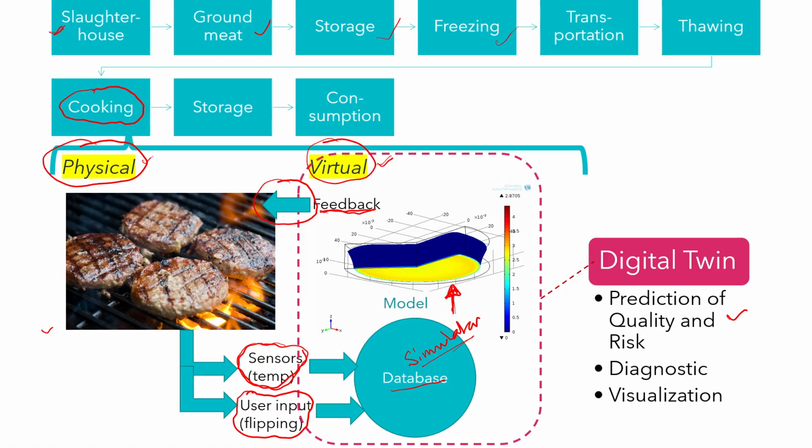Then what happens during freezing? How long does it take to freeze? And what happens to quality during freezing? You can build models. And then what happens during transportation? What if the frozen burgers, as they're being transported in a refrigerated container, the refrigeration somehow does not work and the temperature increases? Well, the overall simulator or the digital twin can predict what is likely to happen.